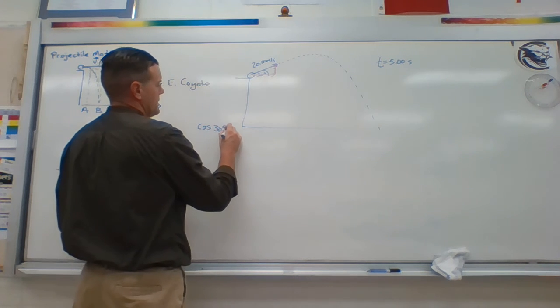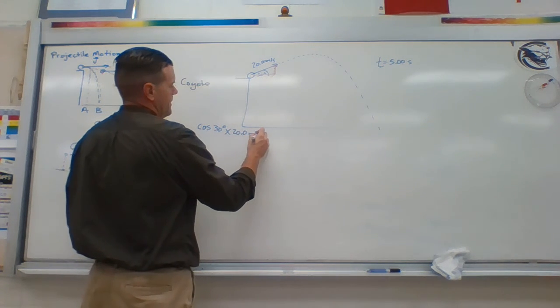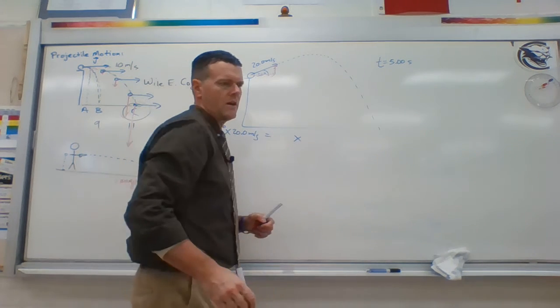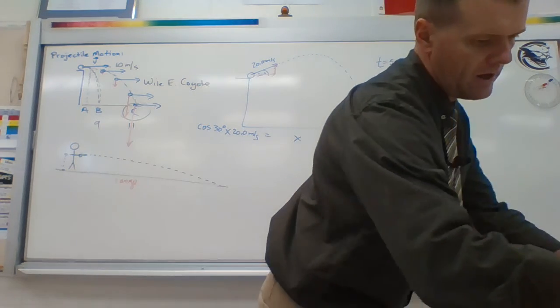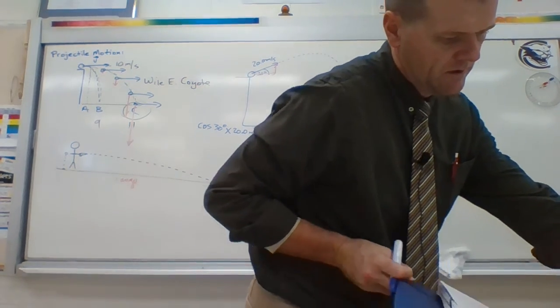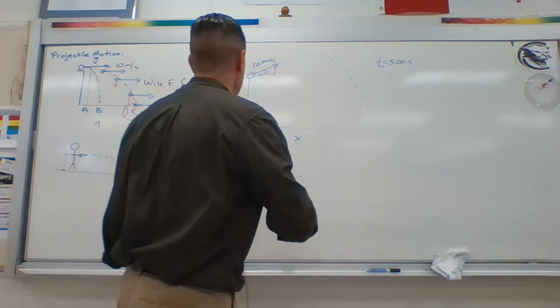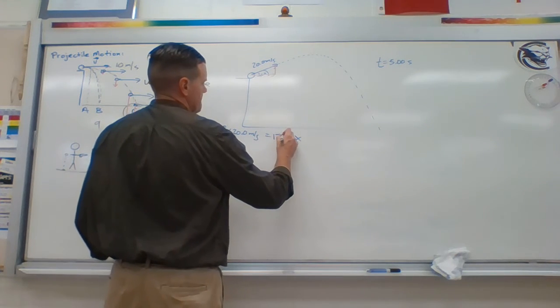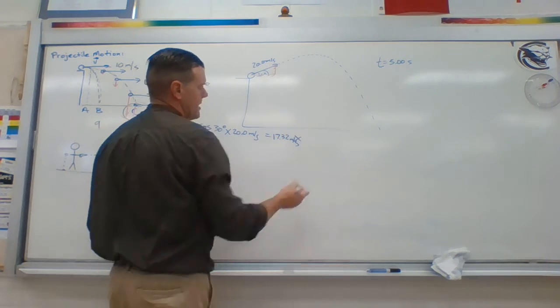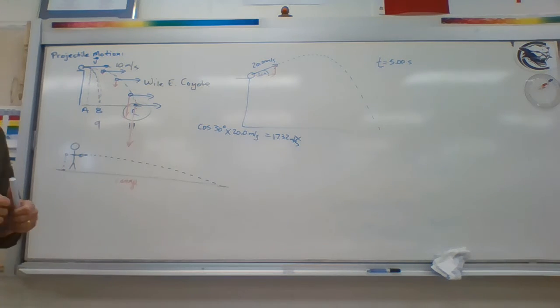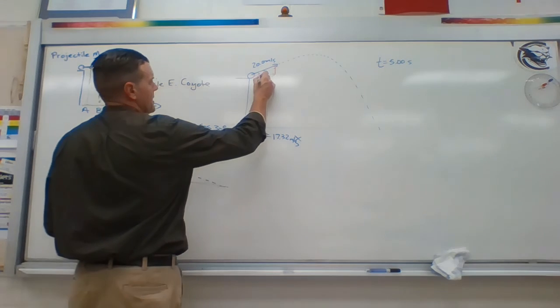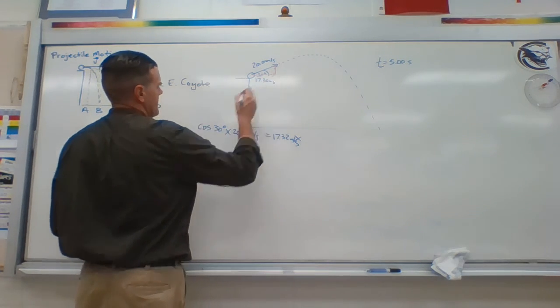Cosine of 30 degrees times 20. That's going to give me the x value. And yeah, I already did that here. What was that? Yeah, it looks like 17.32. Okay, and it's to the right already, so I'll just leave that. So that's 17.32.